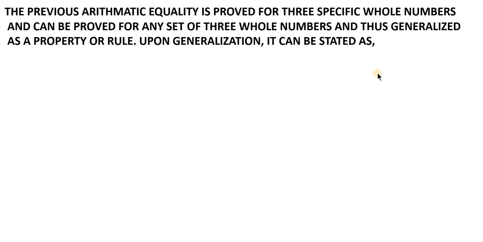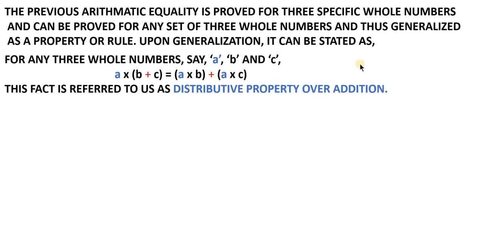How will it look? The equality will be written with the 3 numbers as A, B and C, and you can write the left hand side as A into (B plus C), which is equal to the right hand side A into B plus A into C.